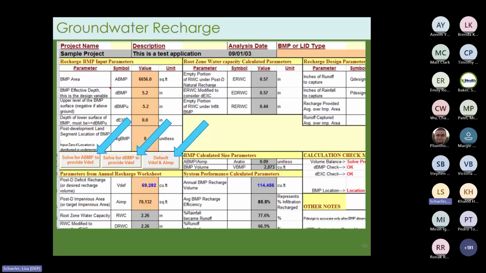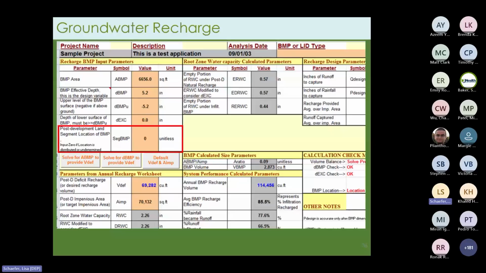All right, so next, I want you to take a look at this red box, which is for the input to denote the BMP location. Since each different soil has a different root zone, the soil at the location of the BMP will be an important factor to determining the amount of runoff in the BMP that can pass the root zone.